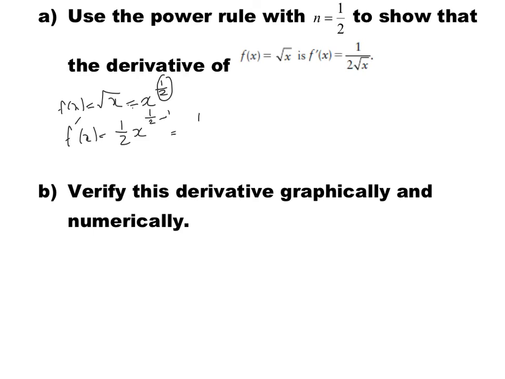This is going to give me 1 over 2 x exponent negative 1 over 2, which is the same as 1 over 2 x exponent 1 over 2, which is 1 over 2 square root of x. The next question says, verify this derivative graphically and numerically.